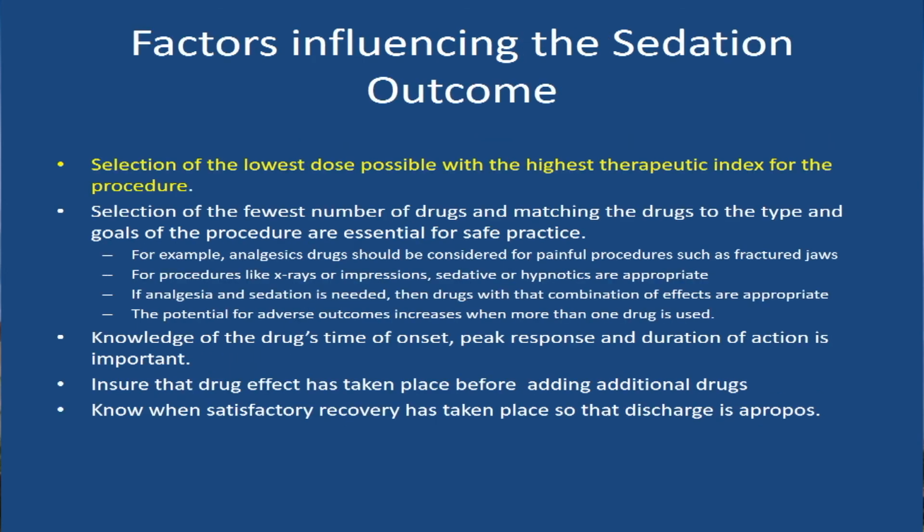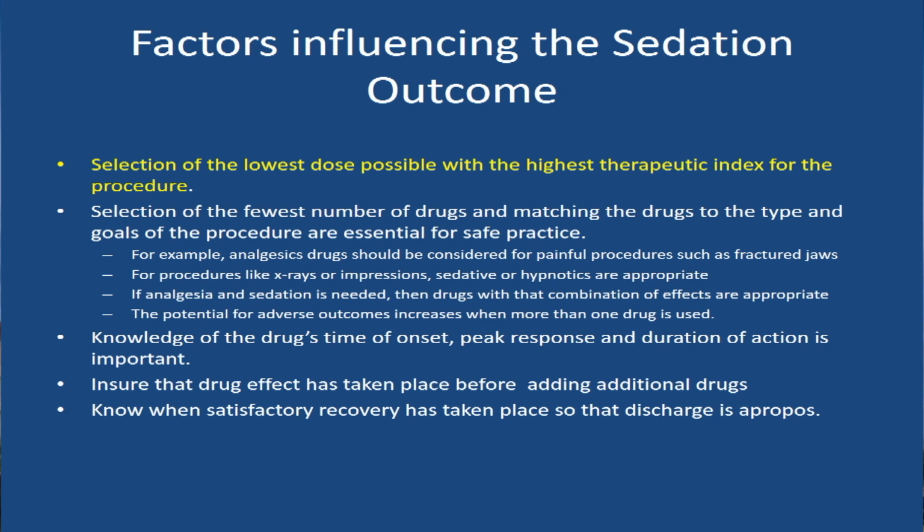Factors that influence the sedation outcome are the selection of the lowest dose possible with the highest therapeutic index for the procedure, selection of the fewest number of drugs, and matching the drugs to the type and goals of the procedure, which are essential for safe practice.